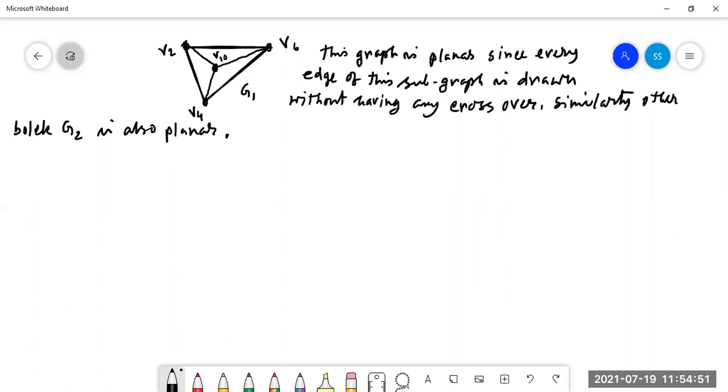Look here, no edge is cutting another. So this subgraph G1 is planar, as well as G2. G2 was this one. Here also you can say the same thing for G2.